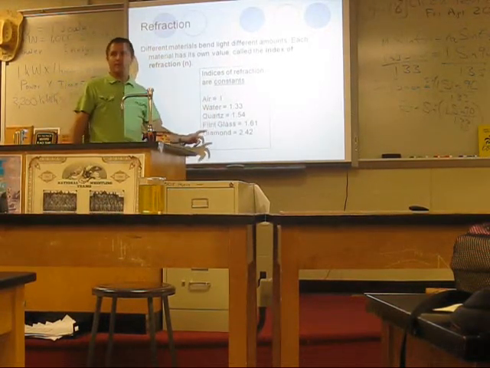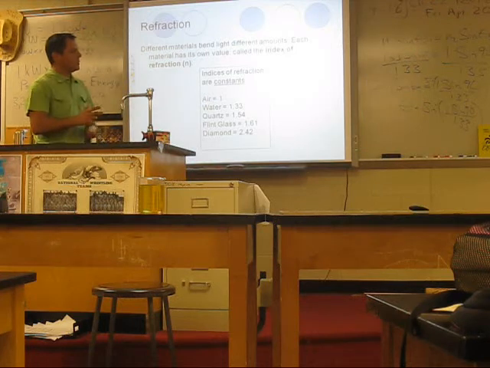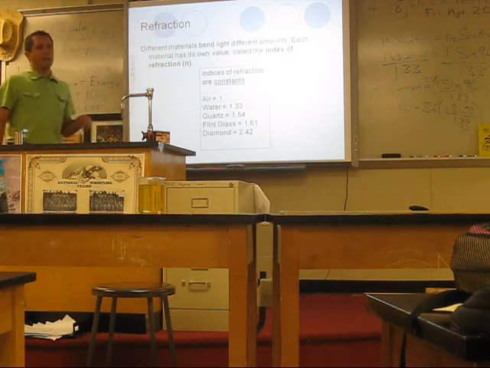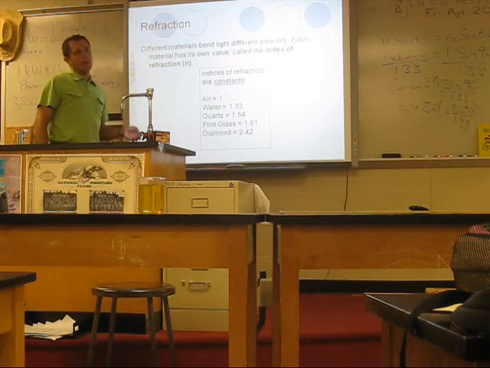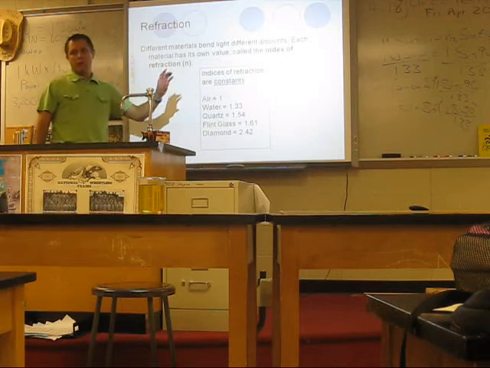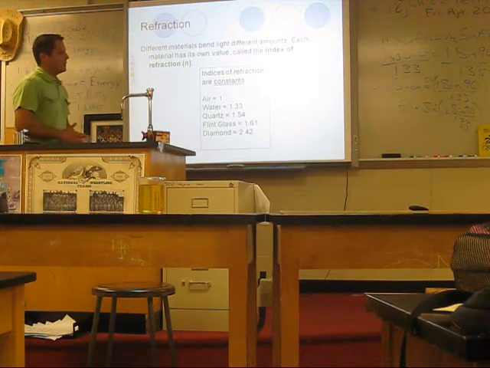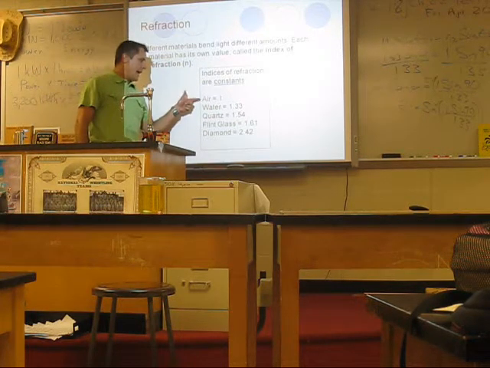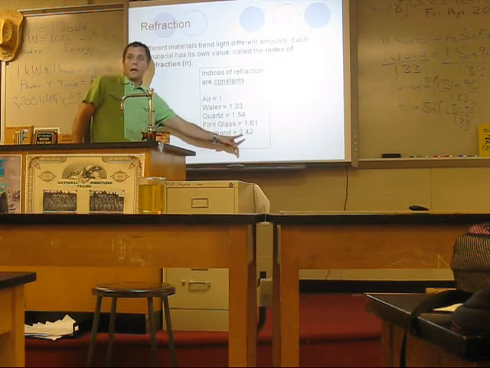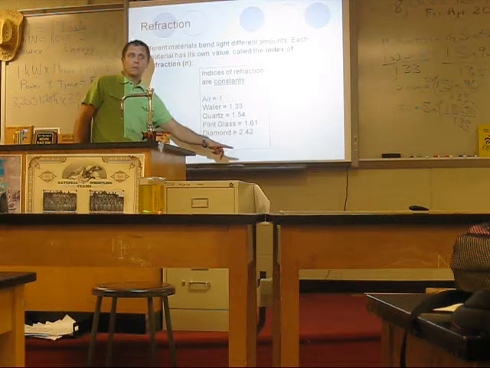equals 1.33. So here's the deal. Air is basically the same thing as going through a vacuum. Air is maybe really like 1.0003, but we'll just say 1. So as the index of refraction gets bigger, the light travels slower.